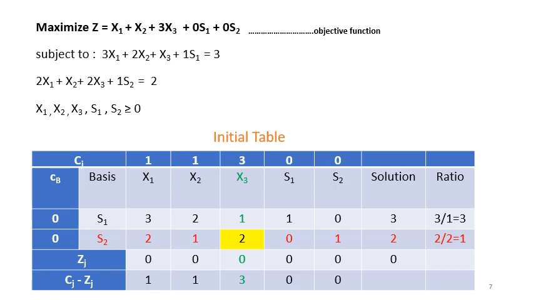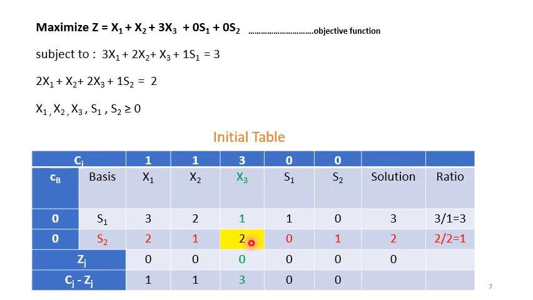So this is the initial table now with the incoming and the outgoing variable. The incoming variable will be x3. The outgoing variable will be S2. This column is the key column. This is the key row containing S2, and you can see a highlighted cell, which is the pivot element, the intersection point of the key row and the key column.